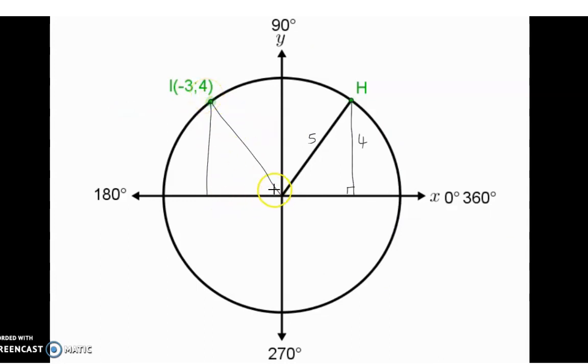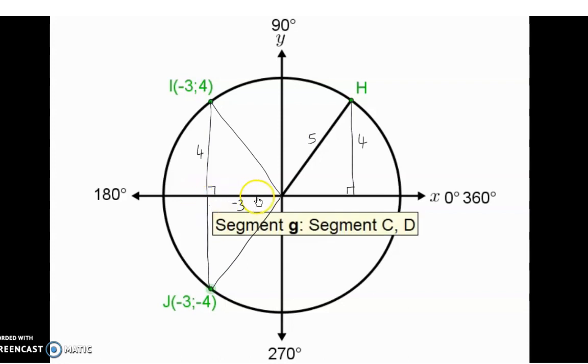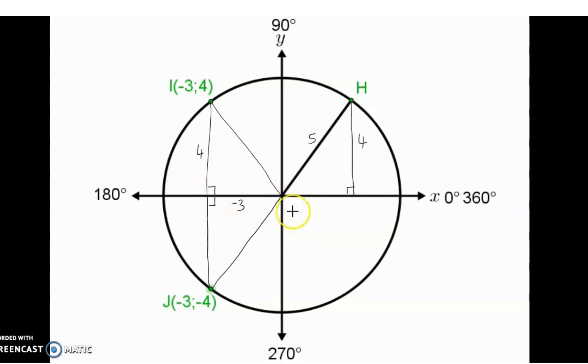So for example, if I choose a point, I know that the right-angled triangle that I form, looking from the origin, will have an opposite side length of 4 and an adjacent side length, which is the x value, of -3. Similarly, when I look at the point J, I can draw my right-angled triangle, and looking from the origin, I know that my adjacent side again is -3 and my opposite side will be -4.